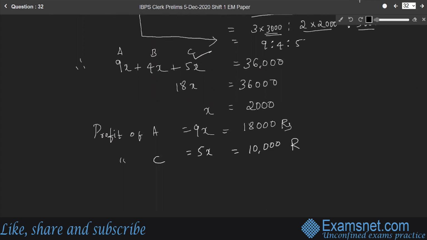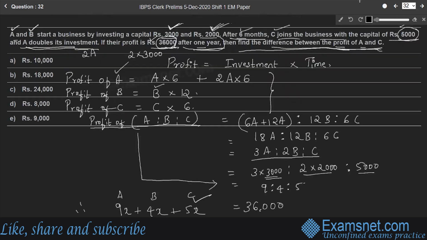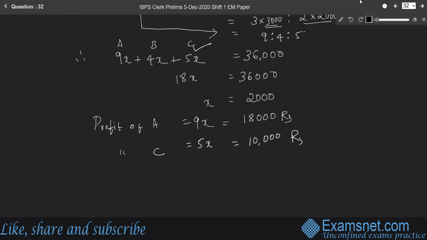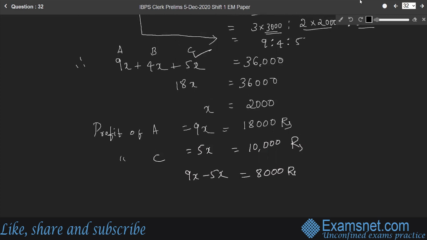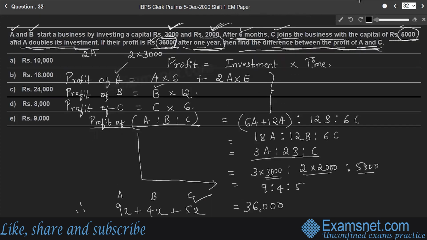And the difference is asked here, difference of their profit. So difference is 9x minus 5x is equal to 8,000 rupees, right? Difference of their profit is 8,000 rupees. Hence option D.